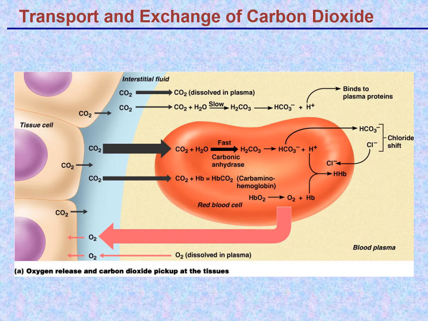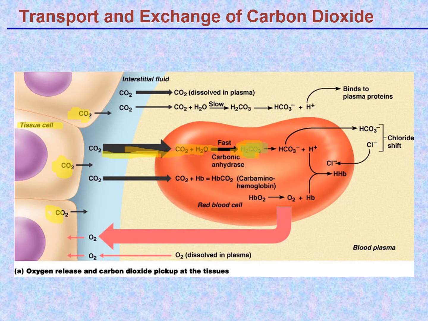And here you see it drawn. Here we're in the tissues. There's some sort of cell in the tissues that is producing carbon dioxide, and the carbon dioxide diffuses across into the capillary, goes into the plasma, and the vast majority of it would travel into the red cells, and under the action of carbonic anhydrase produce carbonic acid.